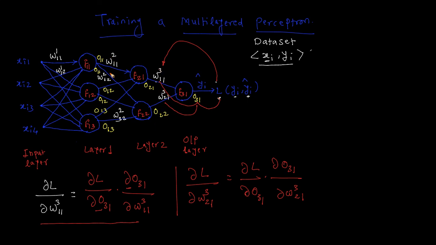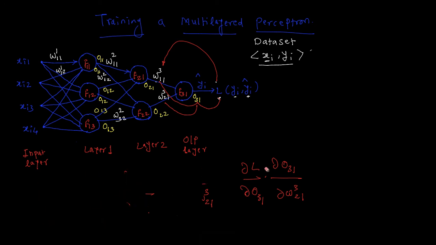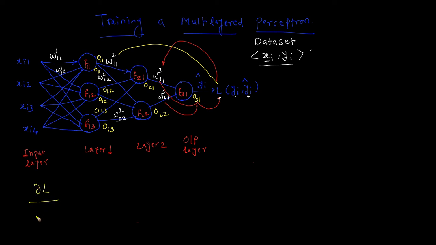Now let us see how to compute the derivatives in the second layer. Let me again have some space here. I want to compute the derivative of loss with respect to W211, because I want to update this weight.